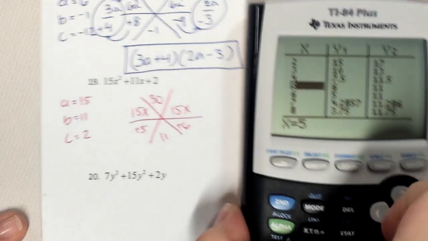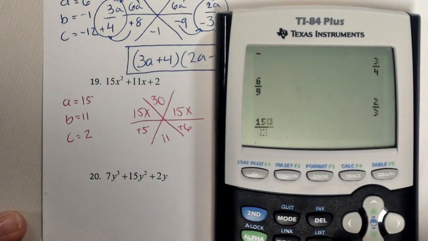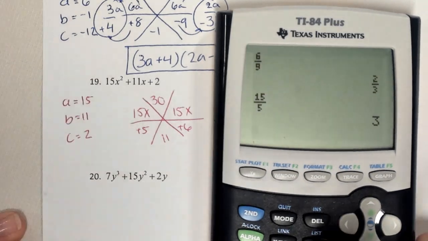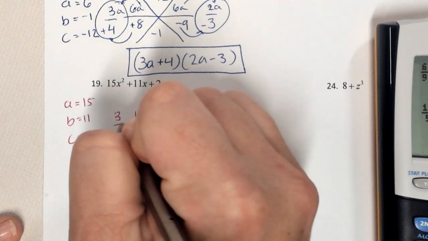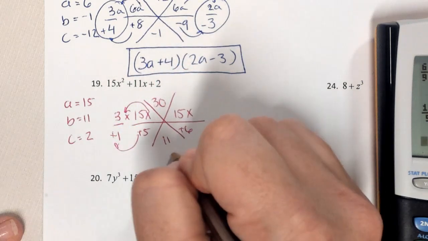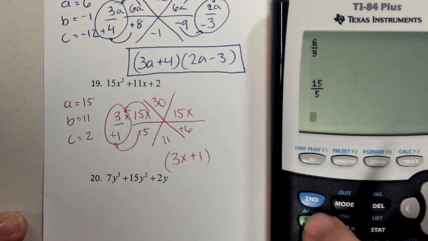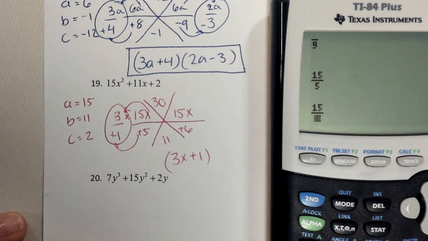And again, they both look like they probably simplify. So alpha y equals enter 15 over 5. Gives me 3. Now remember, if it gives you a whole number, we make it a fraction by putting 1 underneath. So we get 3x plus 1. And then we get 5 over 2.